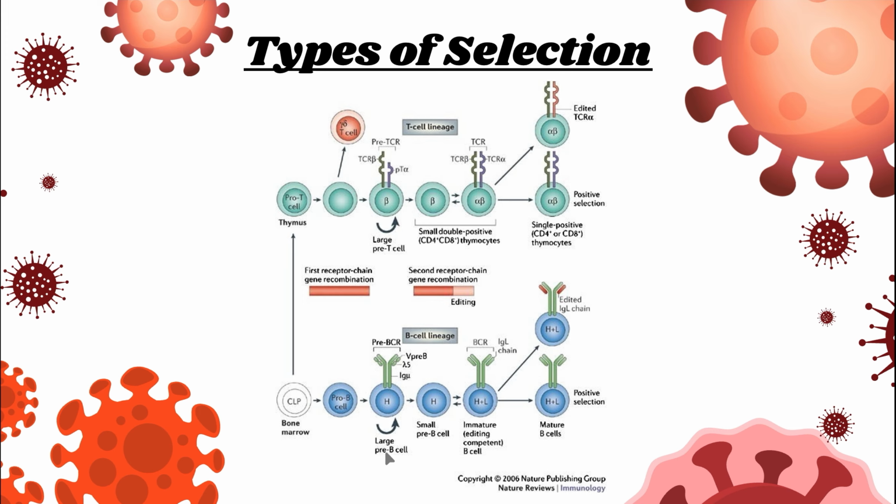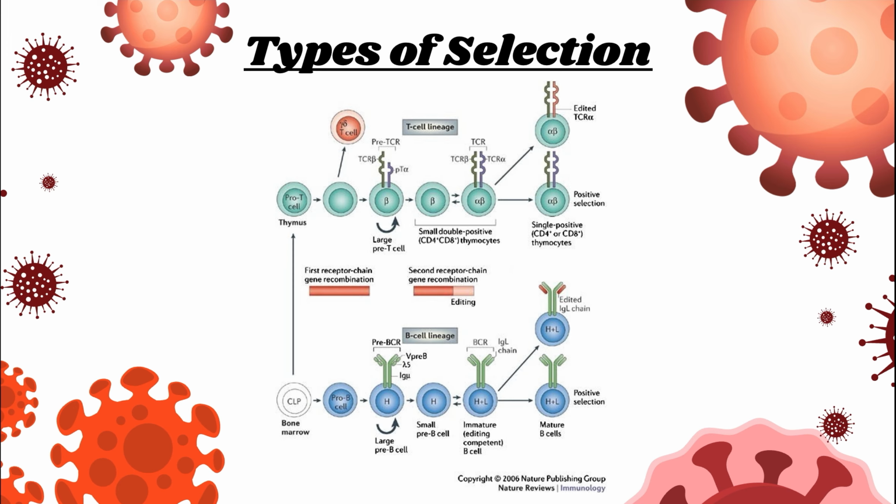From there, pre-B cells and pre-T cells go through another checkpoint, this time ensuring that pre-B cells have both a light and heavy chain, and that pre-T cells express an alpha chain to complete the TCR and become a double positive T cell, which means they express both CD4 and CD8 co-receptors.